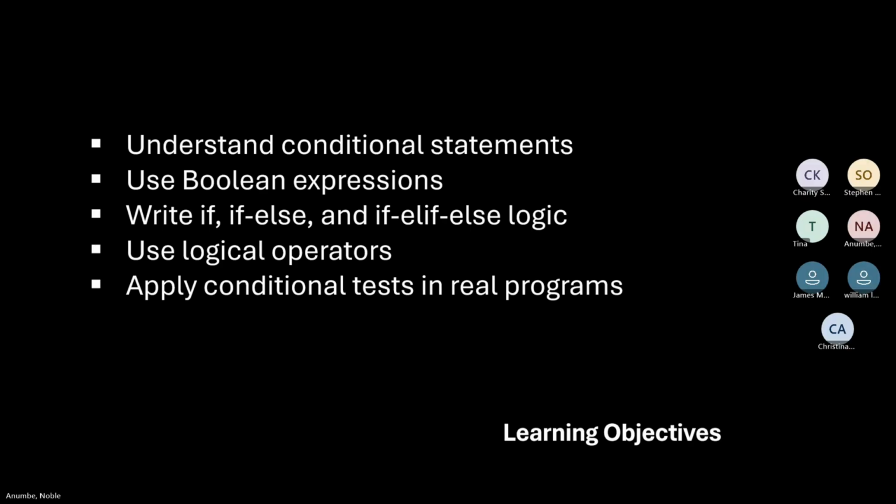The key learning objectives for today will be: number one, understand conditional statements. We understand Boolean expressions, and think of a Boolean expression like the bulb switch in your house. It can only do two things: turn on and turn off.